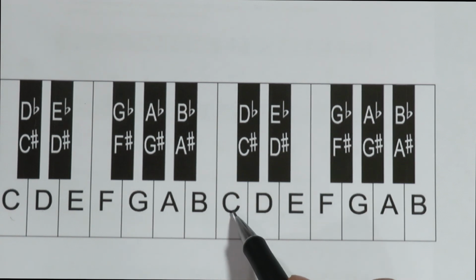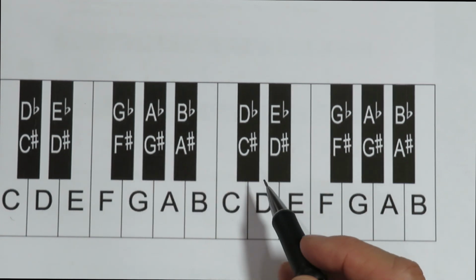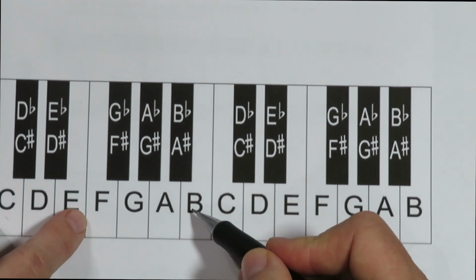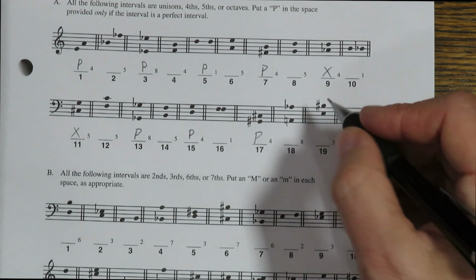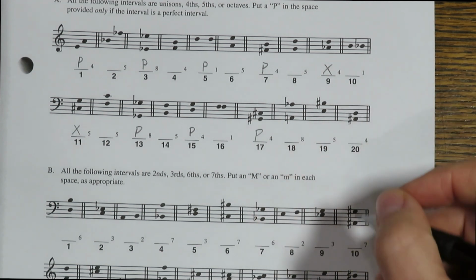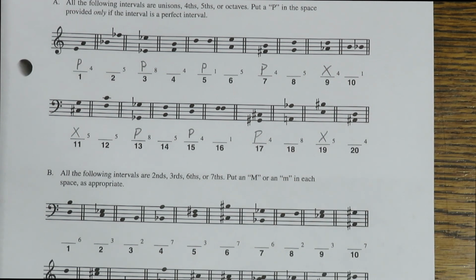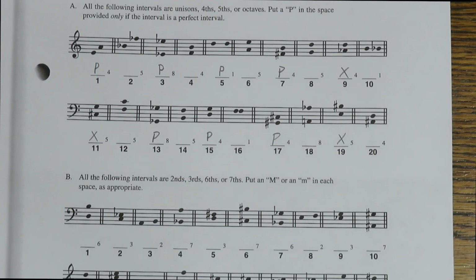So B sharp is not part of the E major scale, right? B natural is. So that would be an augmented fifth, right? It's not perfect. Okay, so we got that section done. Now for the next section, we're going to have to study about major and minor intervals. Okay, so I will see you there.